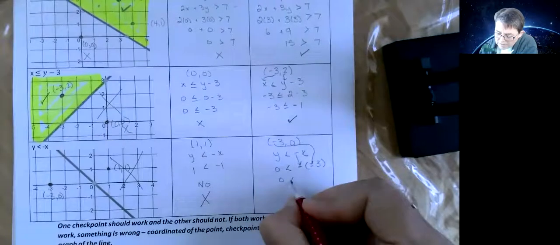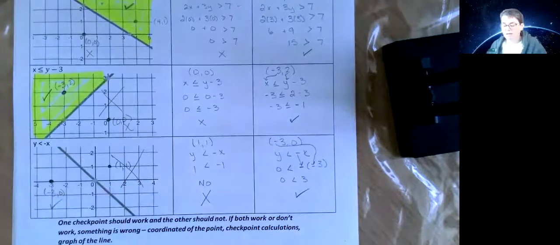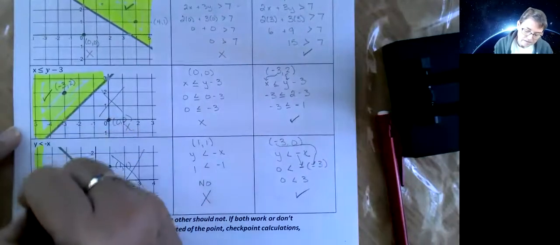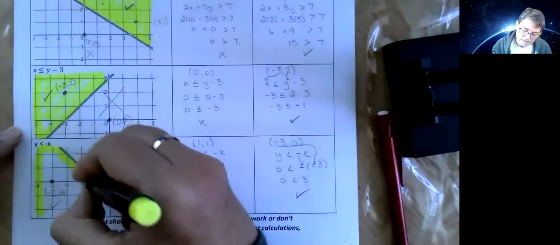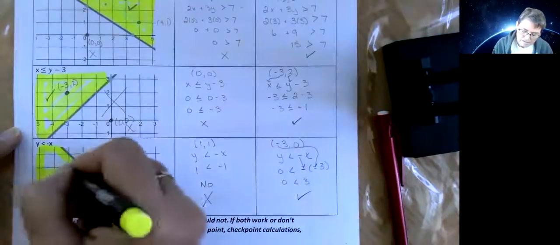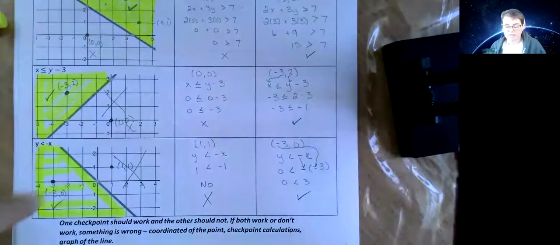So 0 is less than 3, and this one works. So apparently, I'm really good at guessing the wrong side. Okay, so this is my solution side.